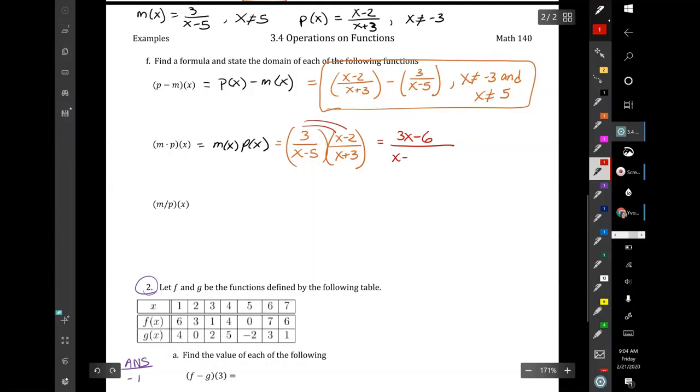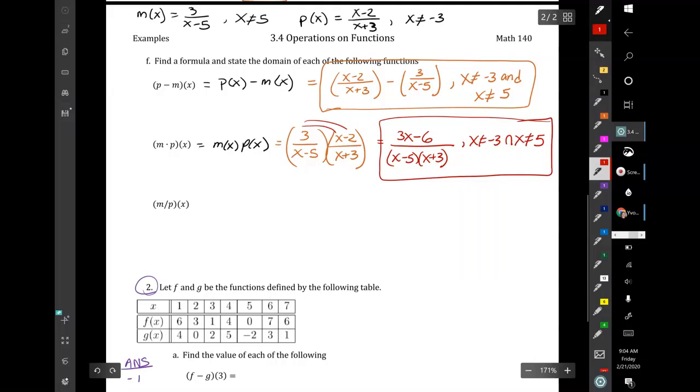So x minus 5, x plus 3. And now that it's factored, we have to check our new function and make sure it fits the domain. And that would say x cannot equal negative 3. And x cannot equal 5, which is the same as what we had prior.